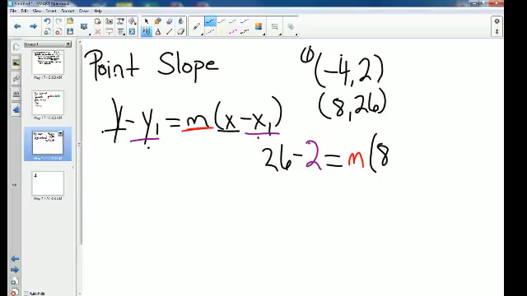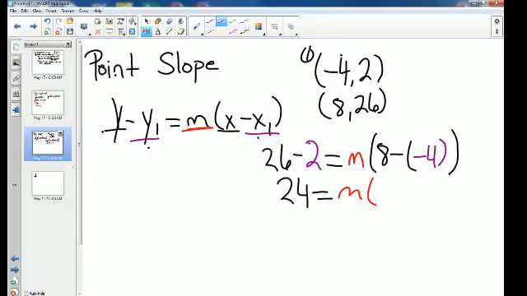Then you're going to have minus -4, which in essence just translates to plus 4. So you'll have 26 minus 2, which is just 24, is equal to m, and then 8 minus -4 is just 12.